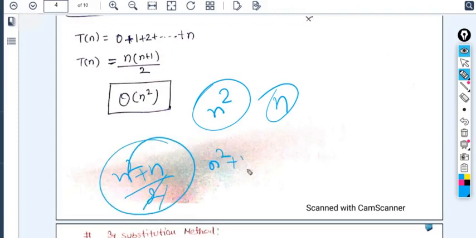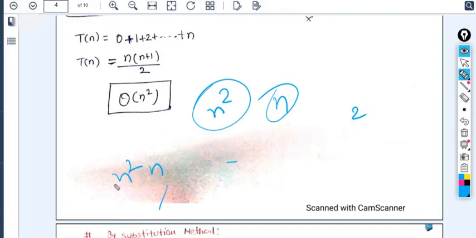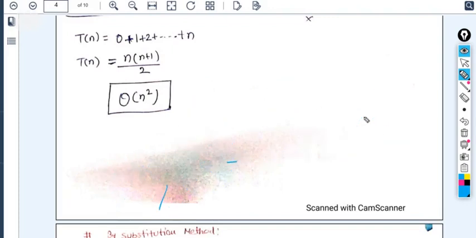In n square plus n, the upper bound value is n square. So always take the upper bound here. So I've taken order of n square as the time taken. I hope it is clear to all. The same thing now we have to solve with the help of the substitution method.